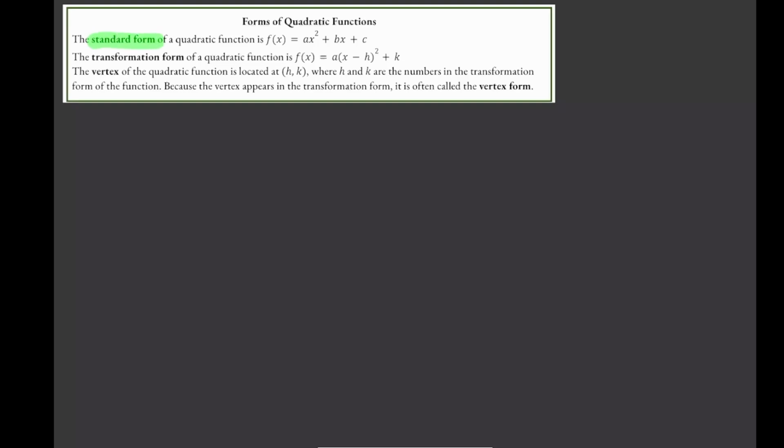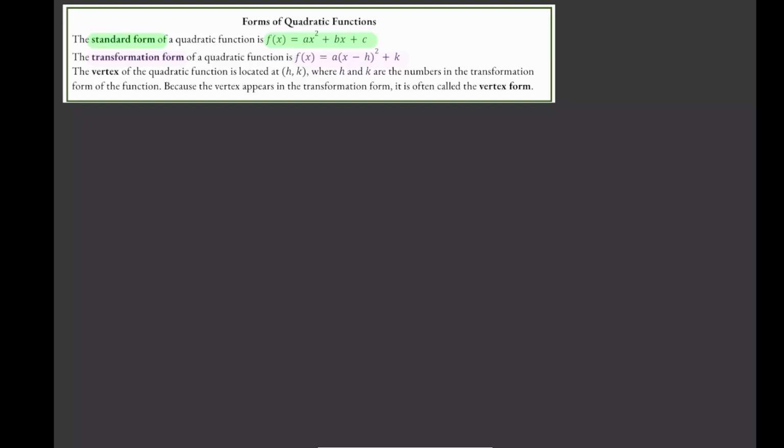The standard form of a quadratic equation has the form f(x) = ax² + bx + c. And we also have another form, which is the transformation form, which has the form f(x) = a(x − h)² + k.